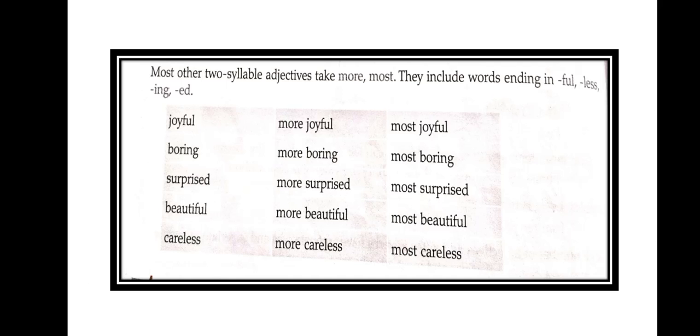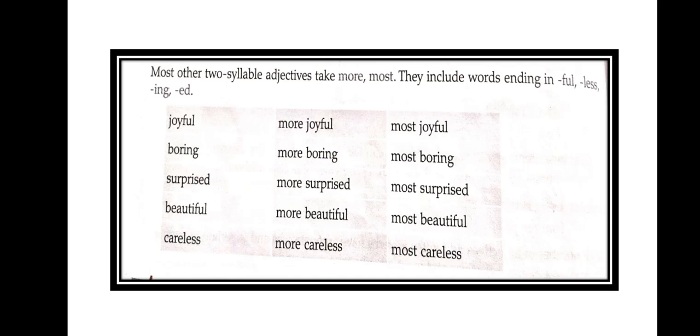When any adjective ends with FUL, LESS, ING or ED, there we have to use more in the comparative and most in the superlative. So joyful ends with FUL. Here we cannot write joyfuler, right?